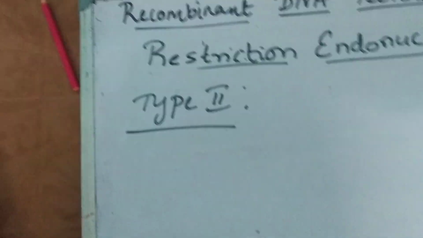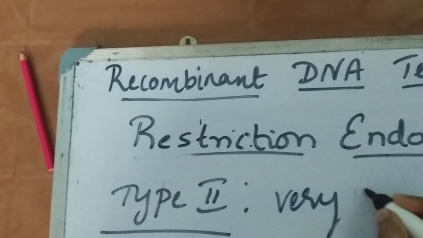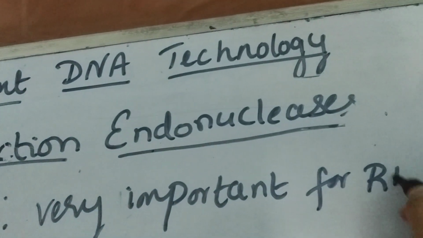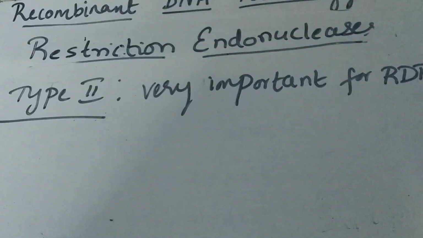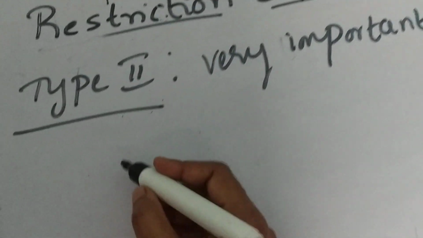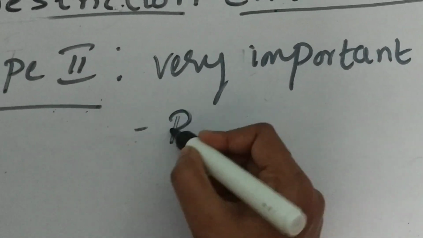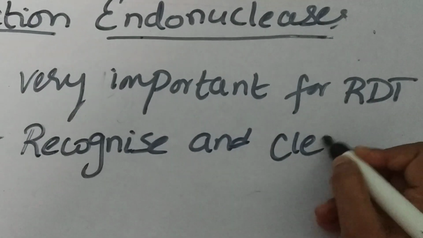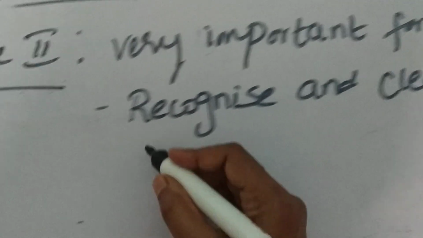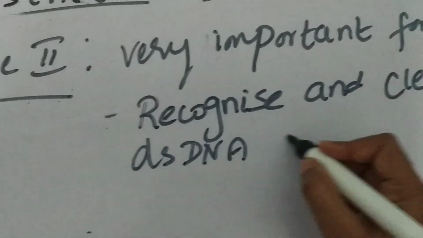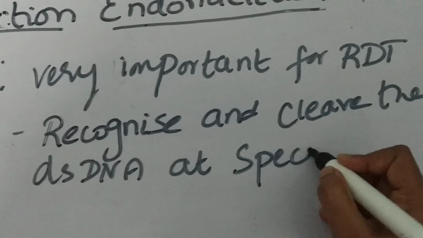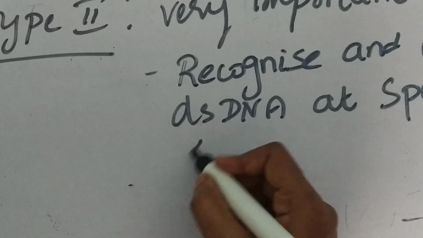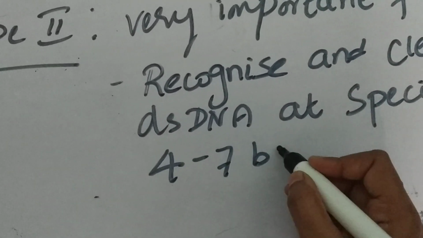They are very important for recombinant DNA technology work. And type 2 restriction endonucleases recognize and cleave the double-stranded DNA molecules at specific sequences which are 4 to 7 base pairs long.